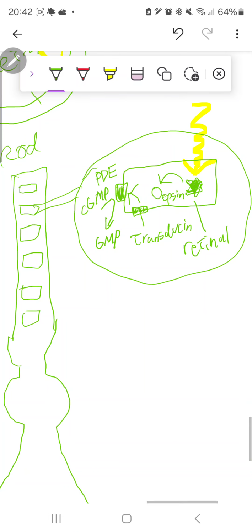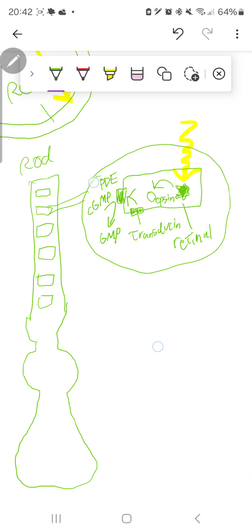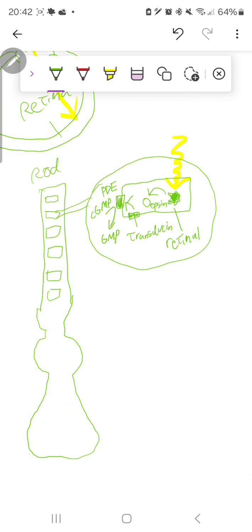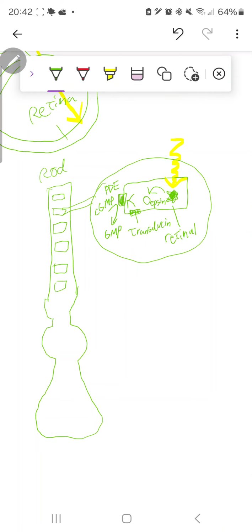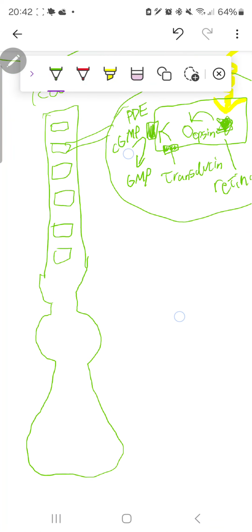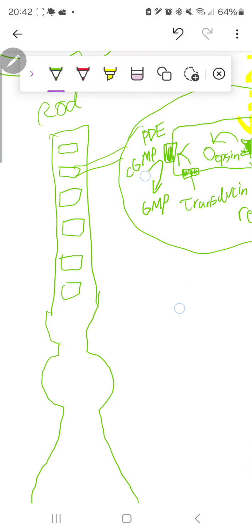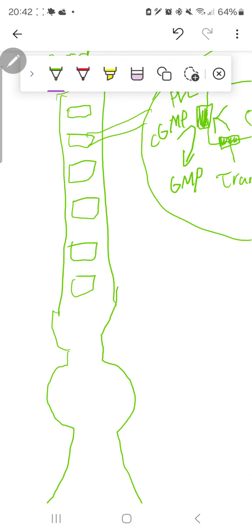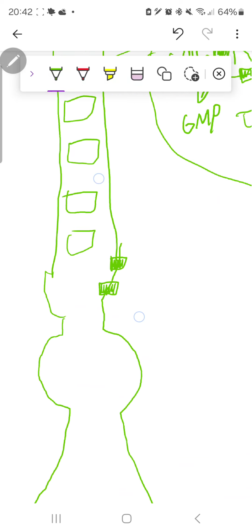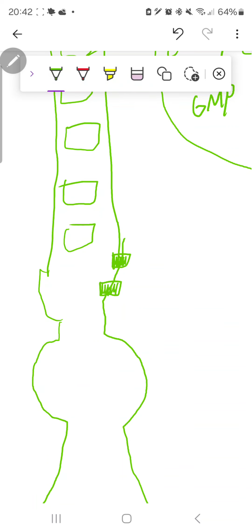And that is important because cyclic GMP will have an effect on the cation channels in the membrane of this photoreceptor. And be aware this is on the outside of the cell.